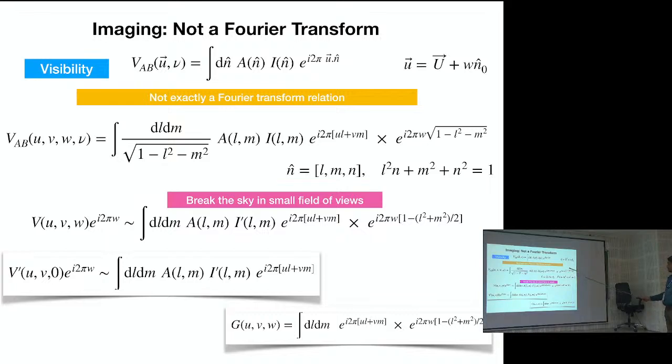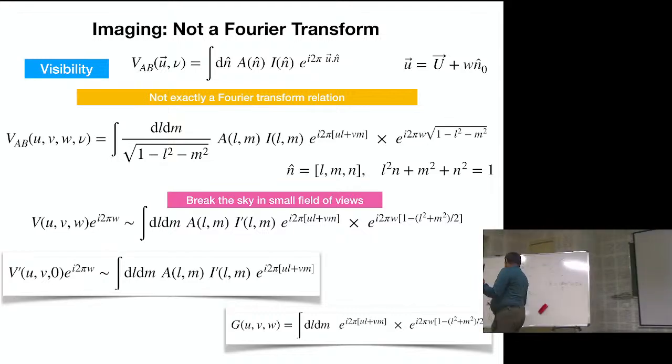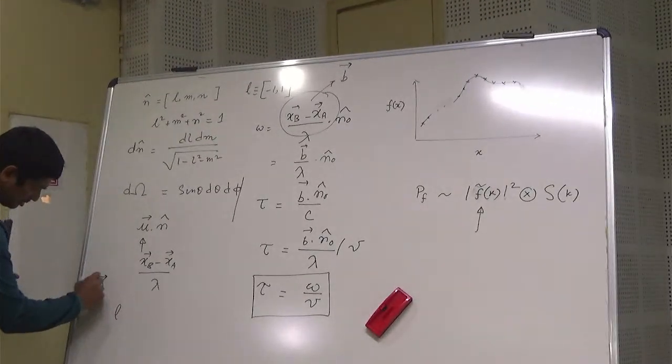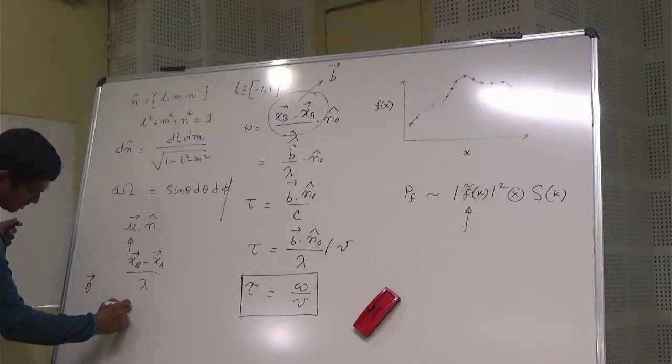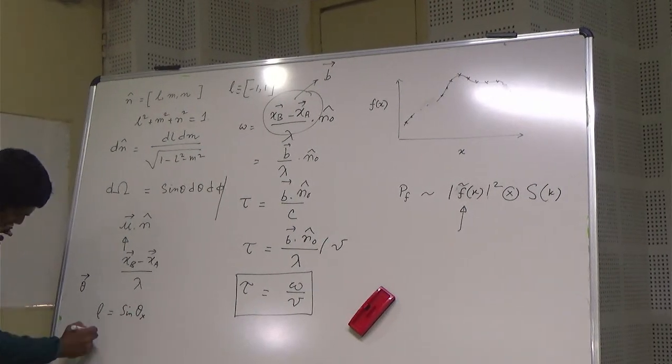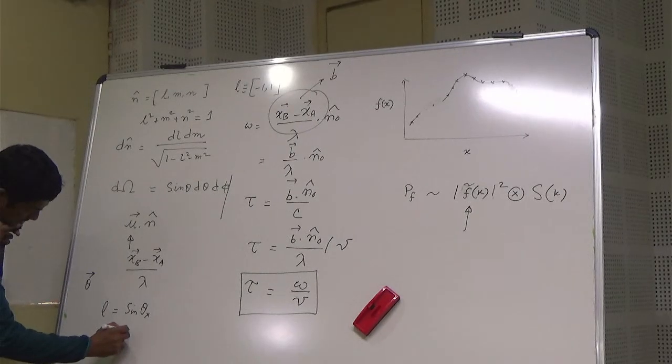Now, because I have broken it into smaller fields of view, this L square plus M square, what is L square plus M square, by the way? The L and M. I have this vector theta, right? L is like sin theta x, M is like sin theta y.